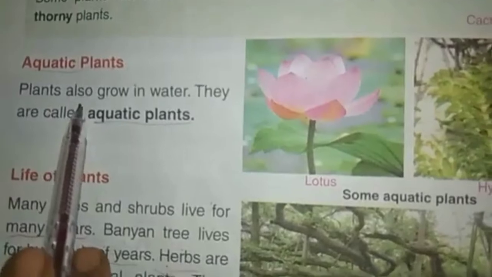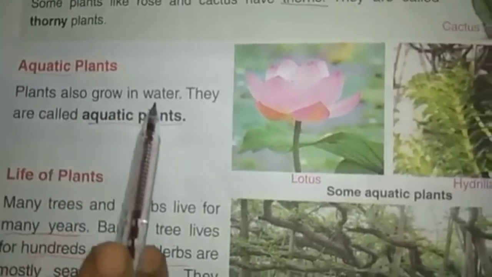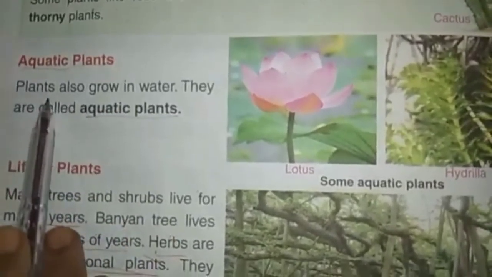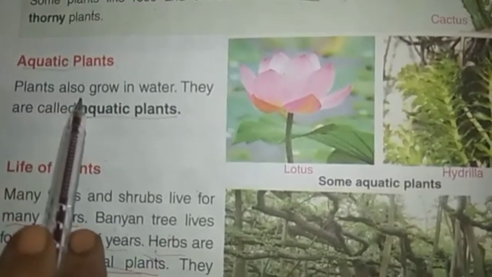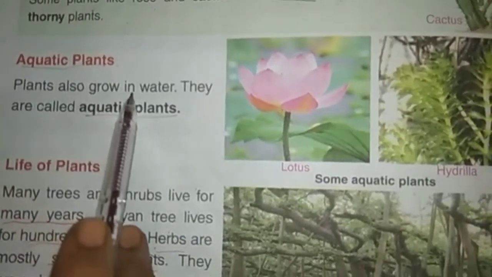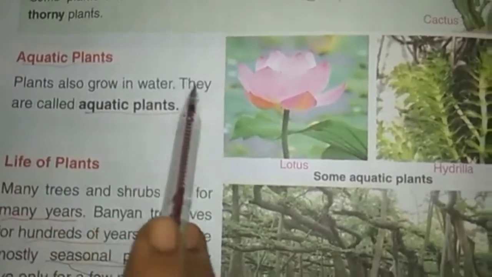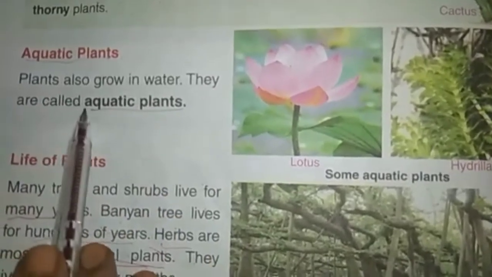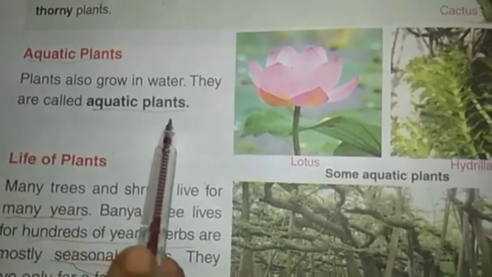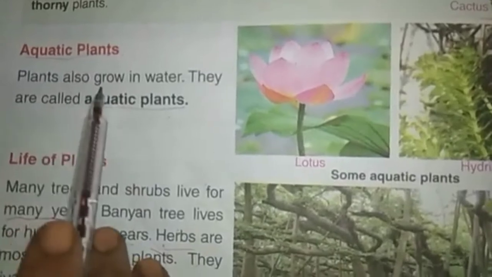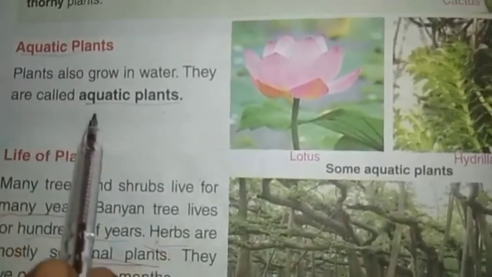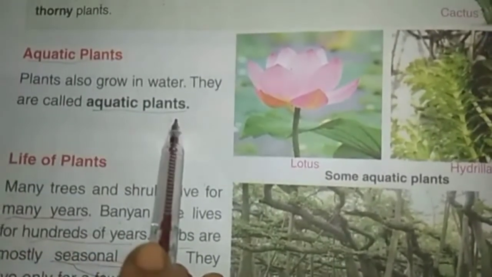Plants also grow in water. They are called aquatic plants. Plants which grow in water are called aquatic plants.